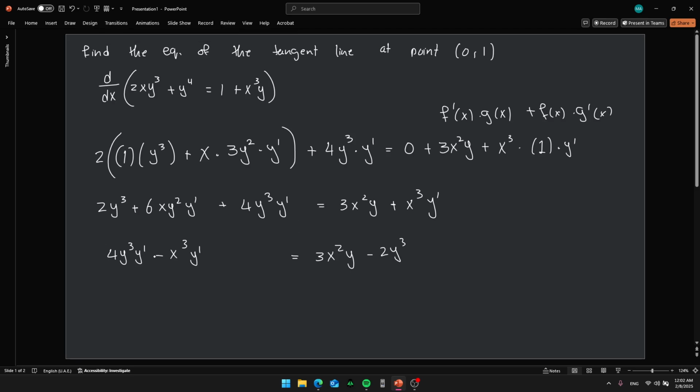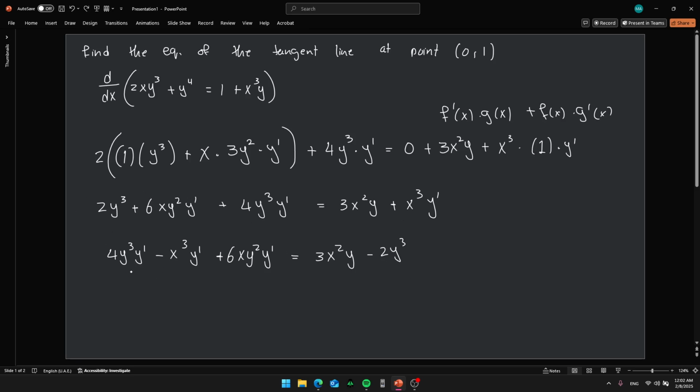Plus 6xy squared y prime. So we just need to move this guy to the other side, which we already did, and we already did with the 2y cubed.